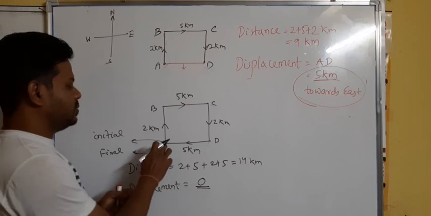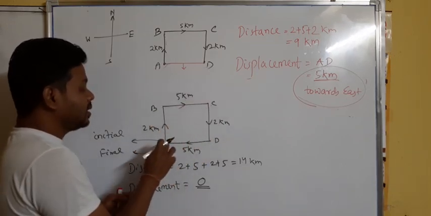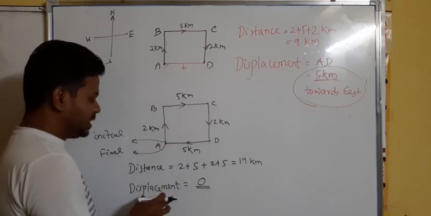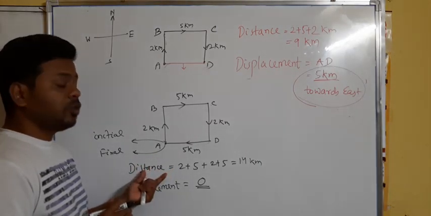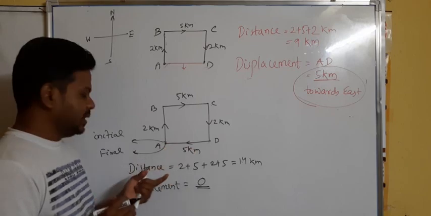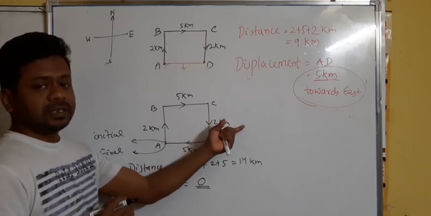So when an object starts from a point and again comes back to the same point, at that time displacement becomes 0. Distance cannot be 0, because if the object is moving, it should have traveled some distance.